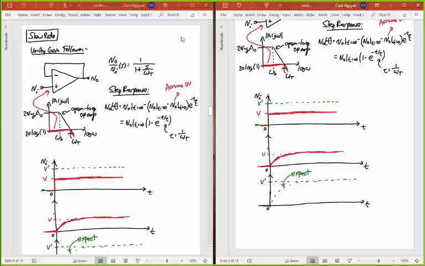But anyway, what you actually get is this. A straight line coming up. And then it hits this point, and then it goes flat.